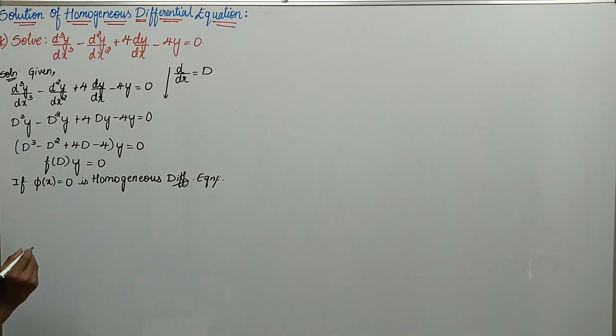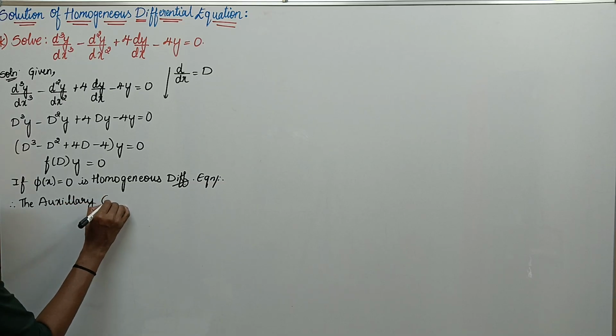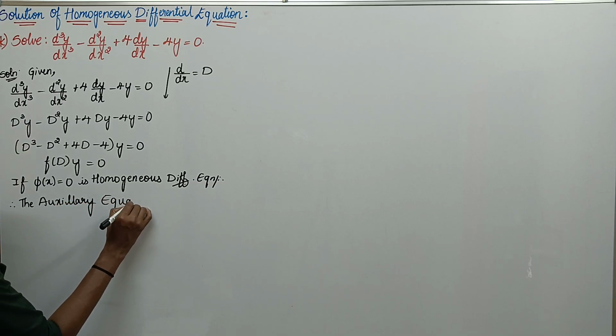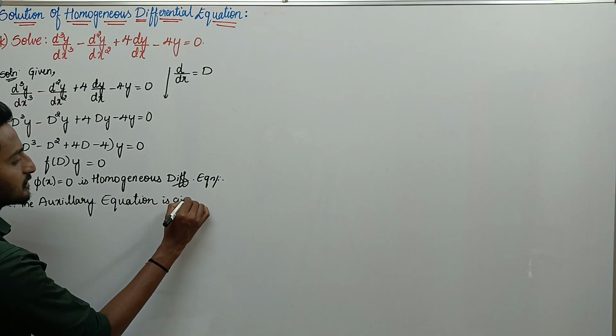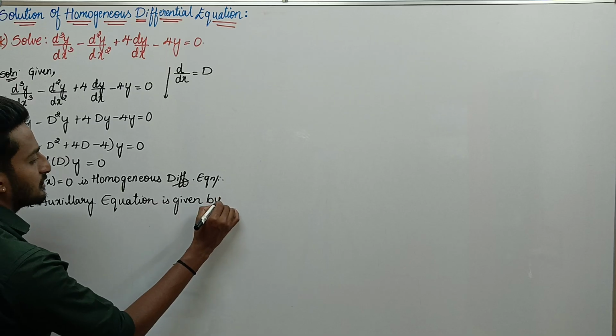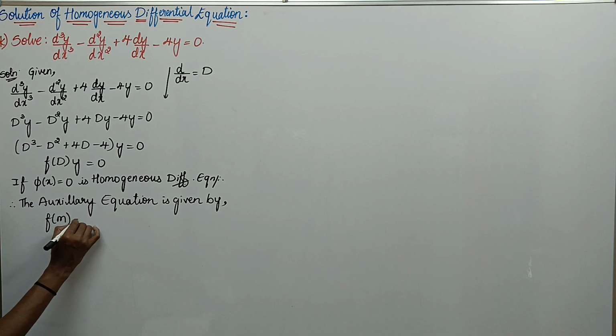Now we are going to find the roots of this equation. To find the roots of the equation, I am going to convert it into the auxiliary equation. The auxiliary equation is given by f of m equal to 0.